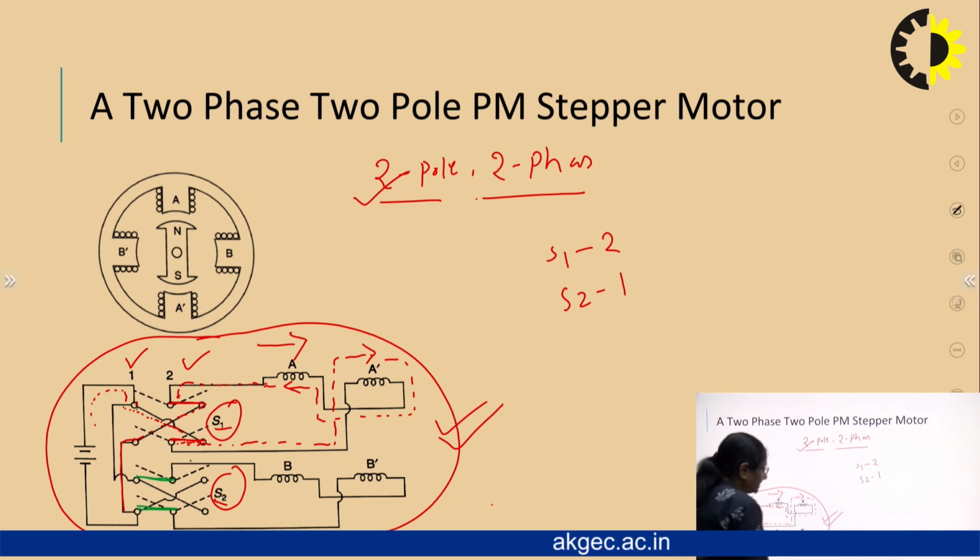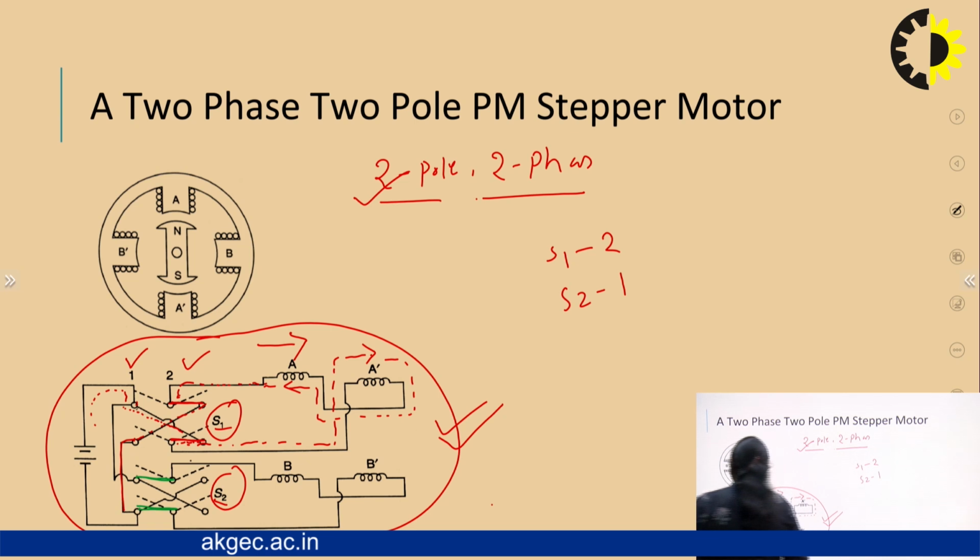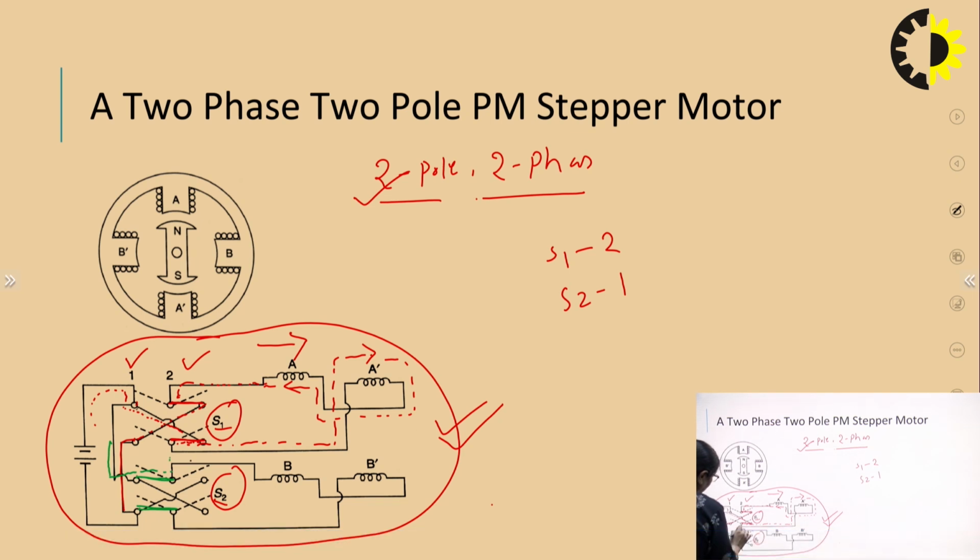Now let us consider the direction of current in phase B at the same time. For this, let us consider how current is flowing through phase B. So it is here, right? Then here. Then just follow this dotted green line to know the direction of the current under this condition. So what it implies?